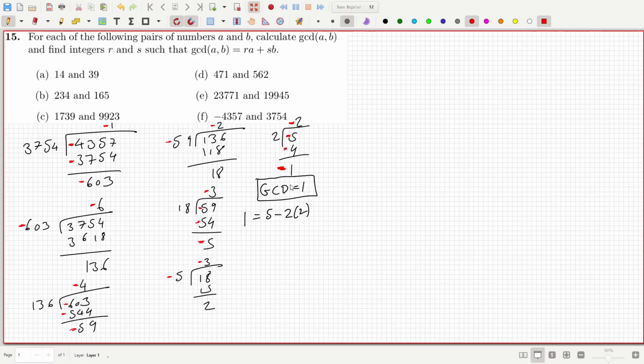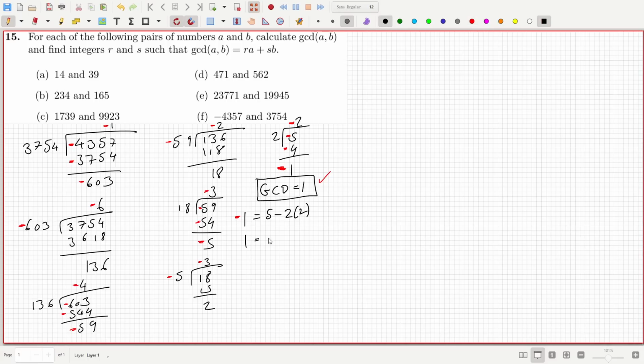So, I don't know what to do about this minus fact. If I put the minus here, the GCD is still 1, but if I put the minus here, maybe I'd have to flip the sign over.